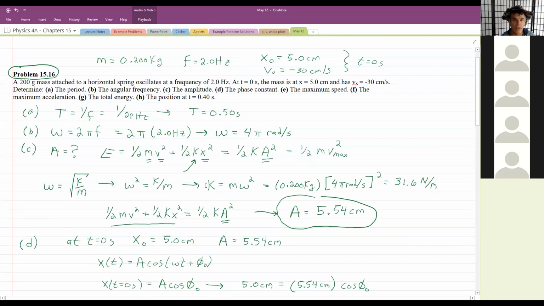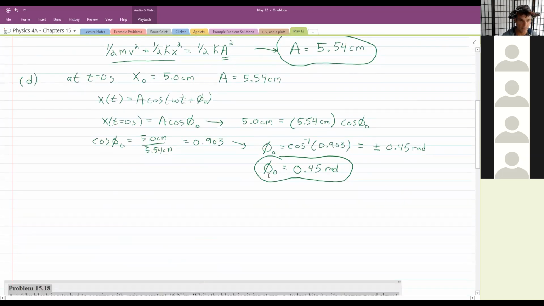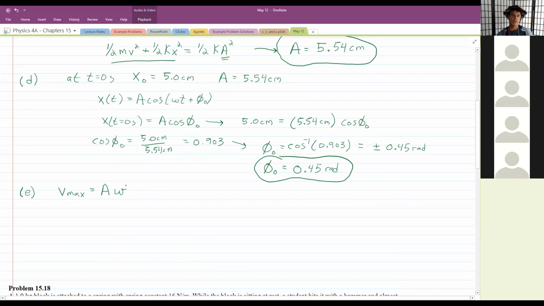Okay. What is the maximum speed? For these, I'm just going to detail how you would do it. There are two different ways that we could figure out the maximum speed. One, I know my maximum speed is given by the amplitude times omega.